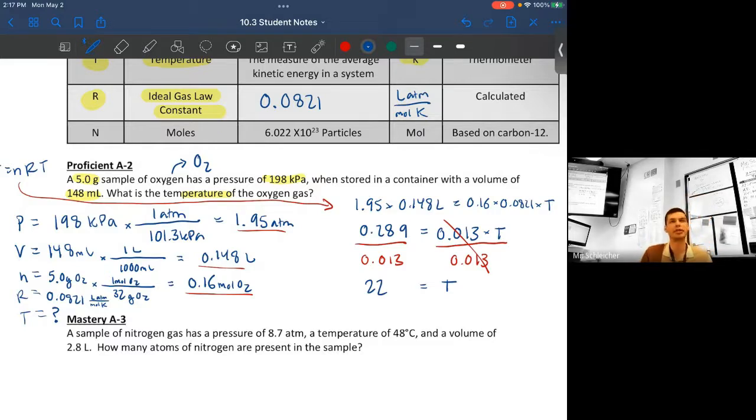What are the units of temperature supposed to be? This should be given in Kelvin because all of my calculations should give temperature in Kelvin for these gas law equations. So that's how we solve something with the ideal gas law equation, y'all.